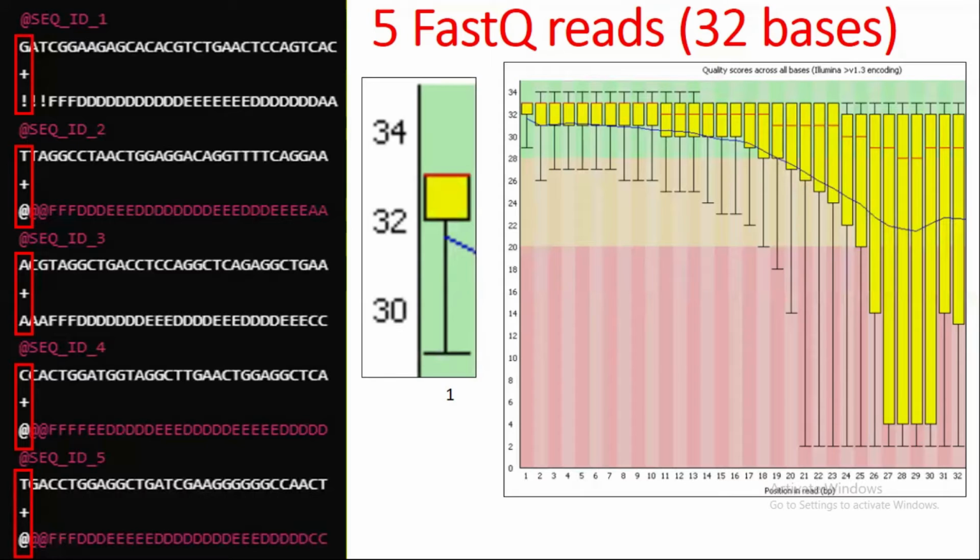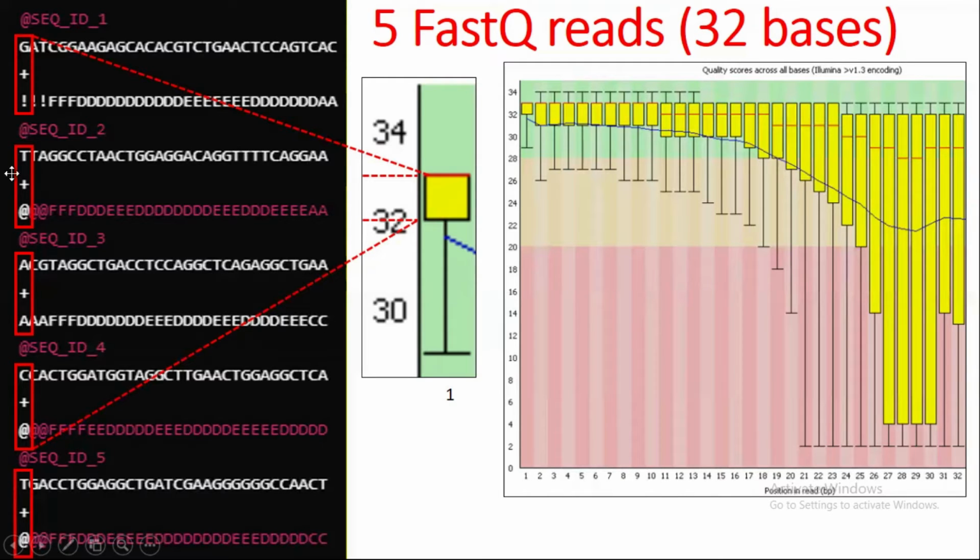I think you are all familiar with the box plot. It just shows you a range of quality. This yellow box shows a specific amount of reads that lie in this quality range, and this is the whisker. So we can say that more than 50% of our data is present in this region.